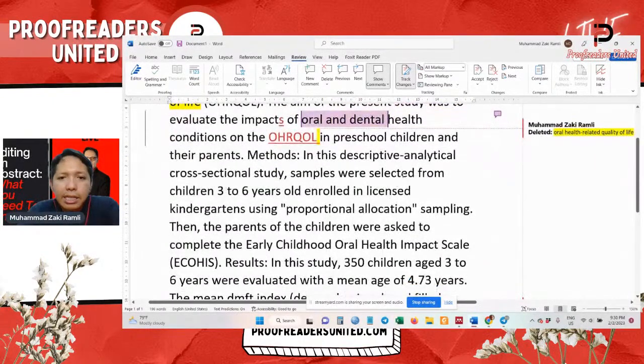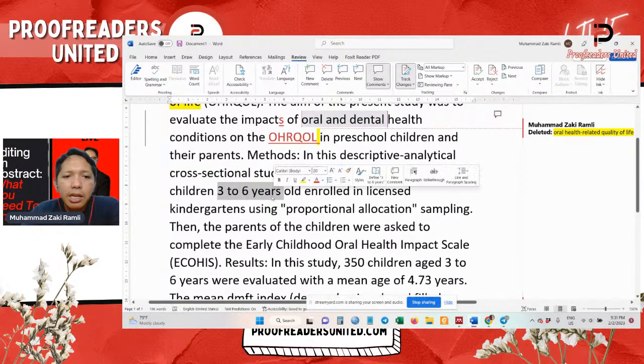Methods: in this descriptive analytical cross-sectional study, samples were selected from children 3 to 6 years old enrolled in licensed kindergartens using proportional allocation sampling. Then, I would like to touch on something here a bit.